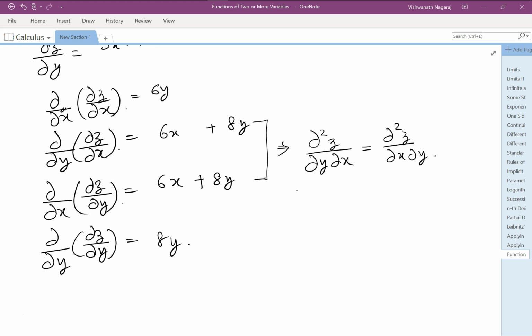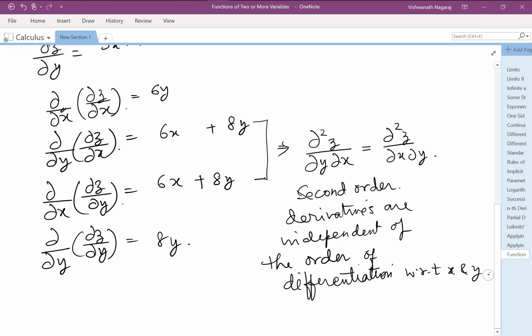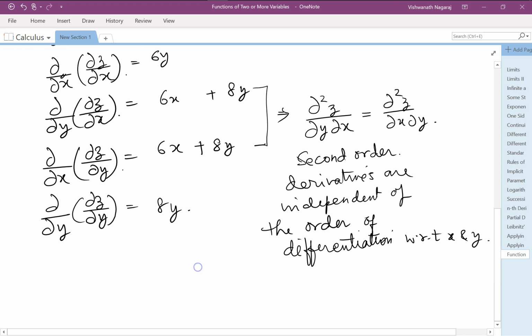But as we explore it further, we will realize that this is a common thing. It's like a rule that it will always be equal. That means second order derivatives are independent of the order of differentiation with respect to x and y. So it doesn't matter in which order you do it, you will get the same result.